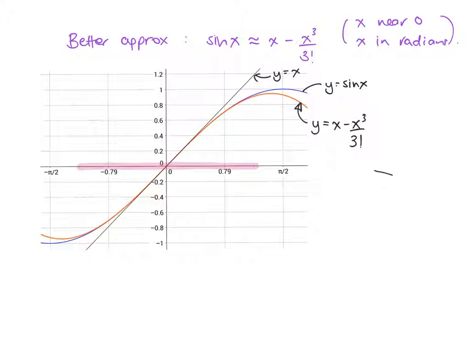So you can see that for those values, our red line, which is our approximation, lies almost completely on top of our sine of x, which is what we're trying to approximate. So this gives us a good idea of using polynomials and what happens. If you add higher order terms, so you use a higher order polynomial, then you're going to get a better approximation, and it's probably going to be valid for a wider range of x values.